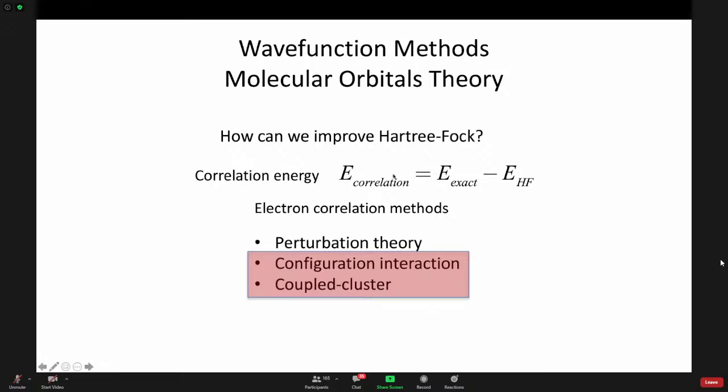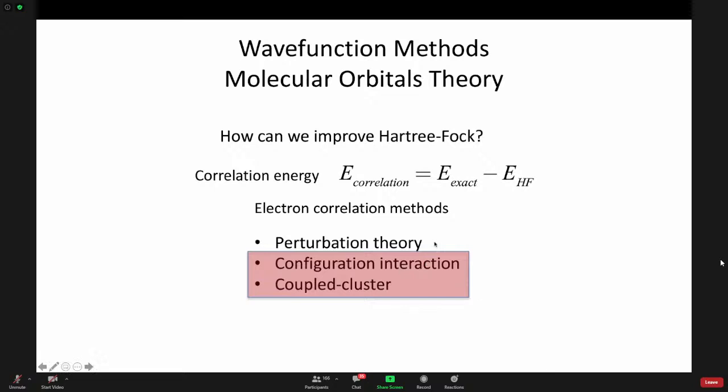In the energy sense, we want to get this correlation energy, which is the difference between the exact energy and the Hartree-Fock energy, as much as possible. And we want to do this in a very efficient manner. So in the next few slides, I want to explain how we do that in general.